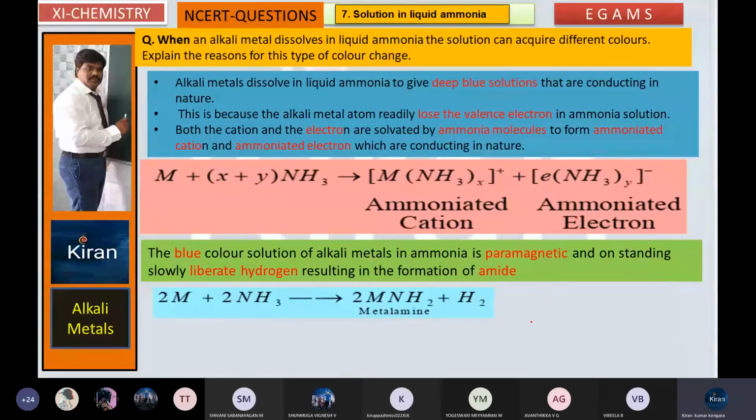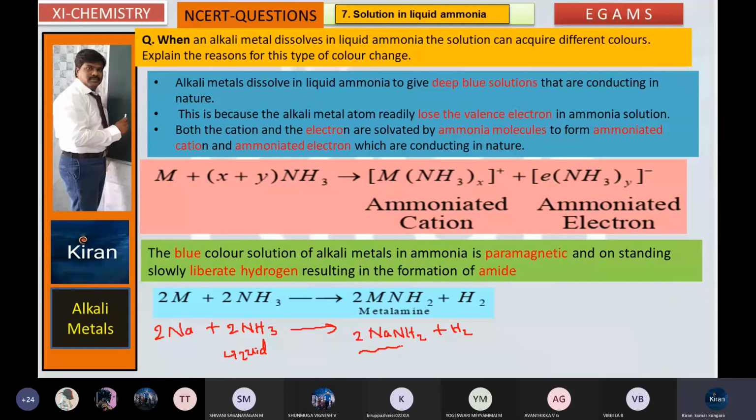See here, the same reaction I am writing. Instead of metal, you can keep sodium: 2 moles of sodium plus 2 moles of ammonia, which is in the liquid form. What product are you getting? NaNH2, sodium amide, plus hydrogen gas.